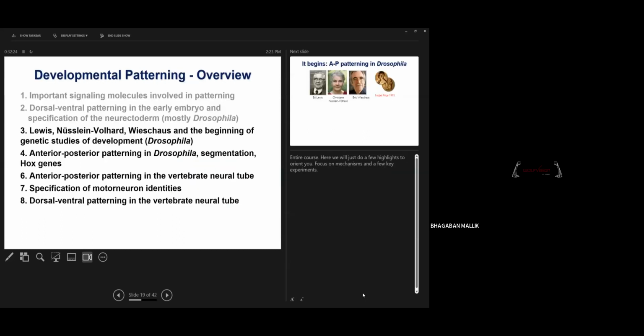So any question in this section? Before moving to the next section about specific experiments people have done. Okay, if there is no question, then we'll go to the next section where Lewis and Nusslein-Volhard, they have done genetic studies in Drosophila to put forward a hypothesis of the molecular mechanism of anterior-posterior patterning during Drosophila embryo development.